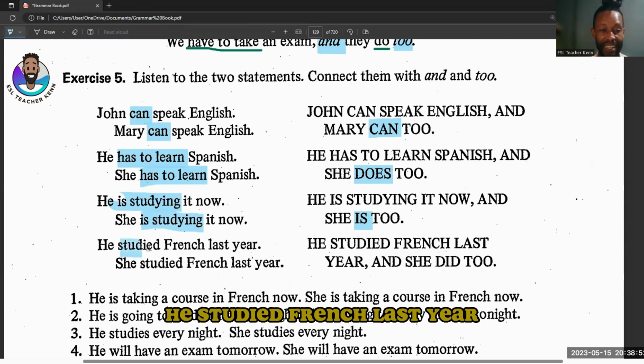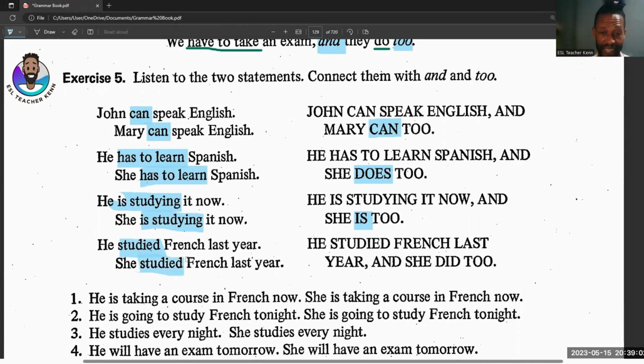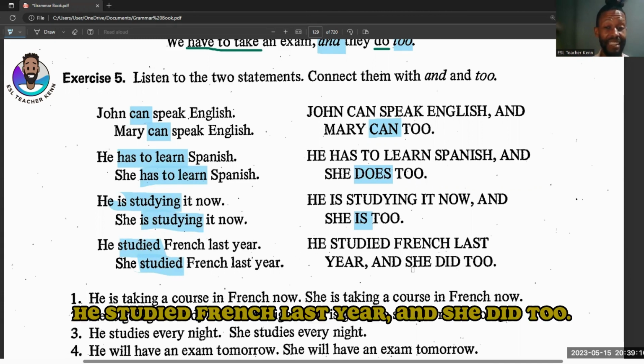He studied French last year. She studied French last year. He studied French last year, and she did too.